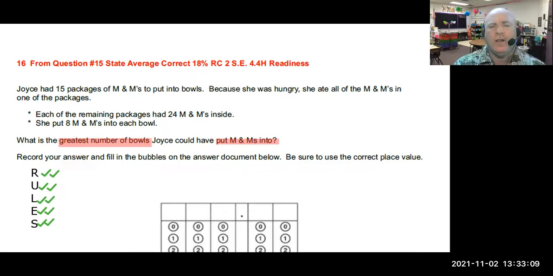And so I would suggest let's draw a picture. So if I draw a picture, I'm going to use this little space right here to draw a bowl.